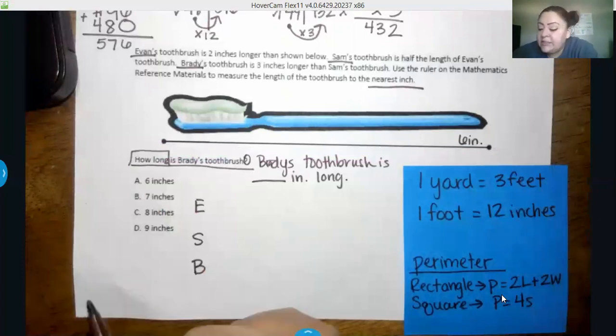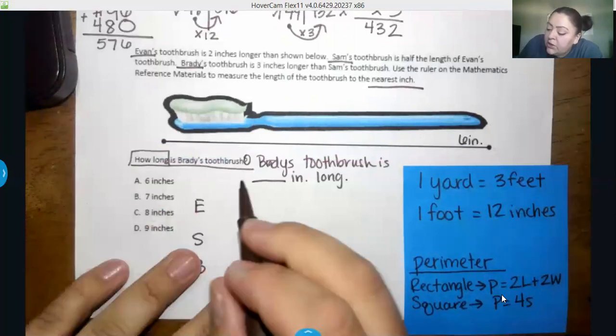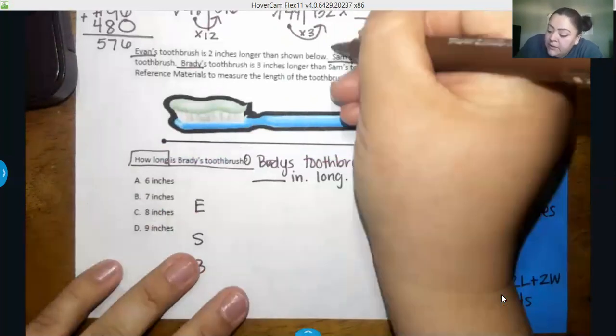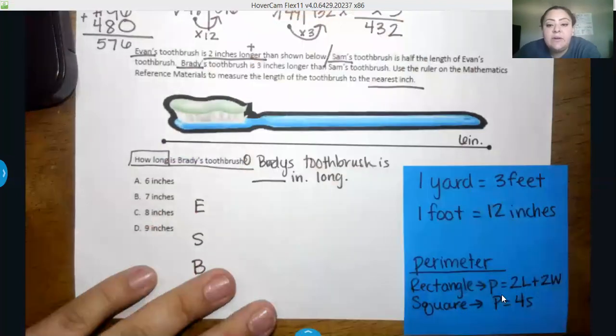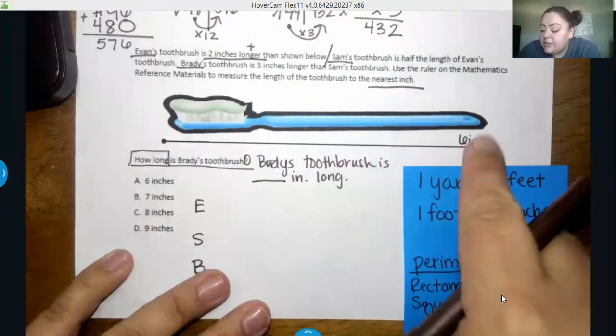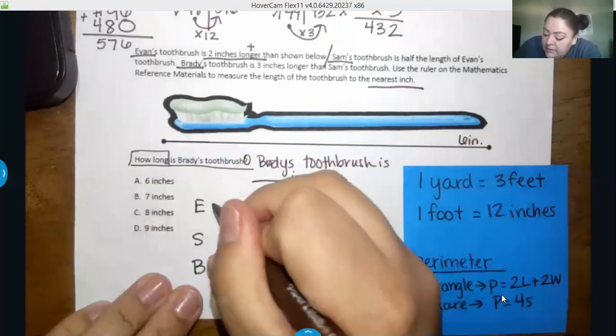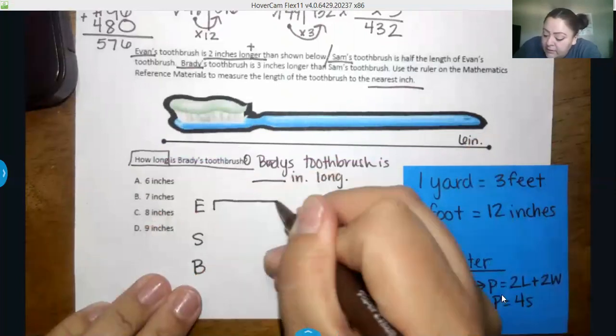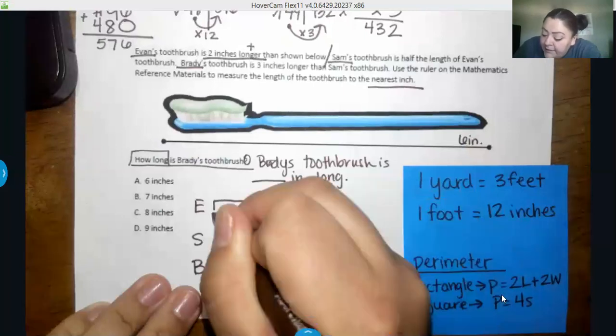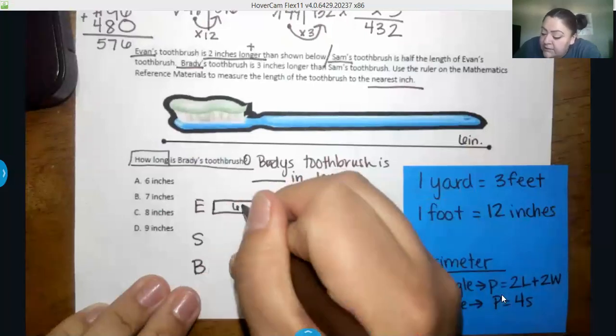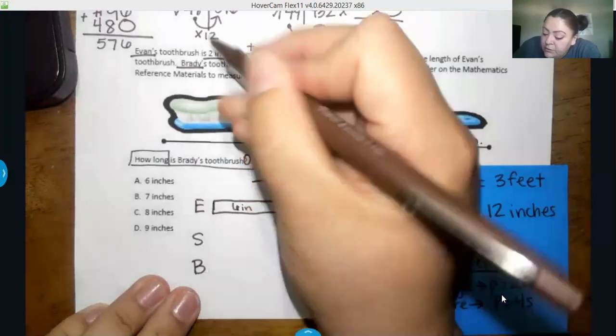Evan's toothbrush is 2 inches longer than shown below. 2 inches longer, which tells me I'm going to have to add somewhere. So if this is 6 inches, okay, Evan is going to be the 6 inches, and it said 2 inches longer.